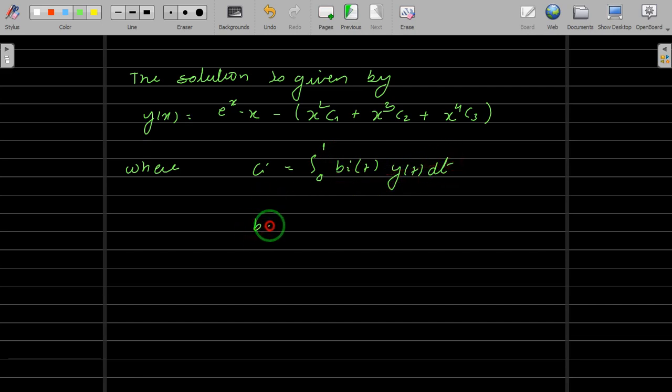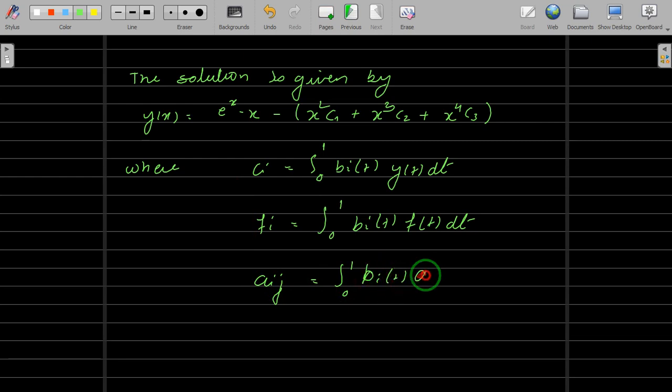This is with your notations, not B. We have Fi's as integral 0 to 1 beta i f of t dt. Then we have something called as Aij as integral 0 to 1 beta i alpha j t dt.